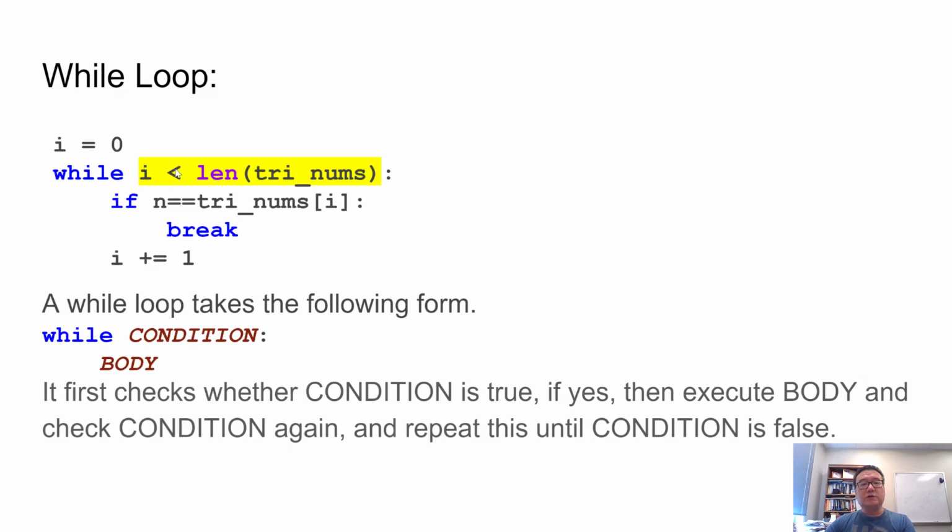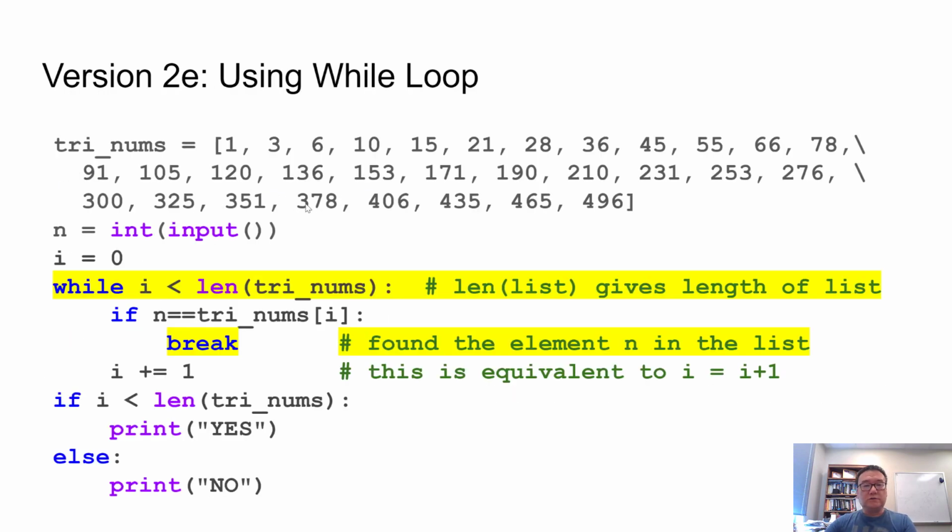When i is no longer less than this, we have exhausted all the elements, so the loop finishes. This is essentially implementing the same thing as for x in trinums, compare whether n equals x.